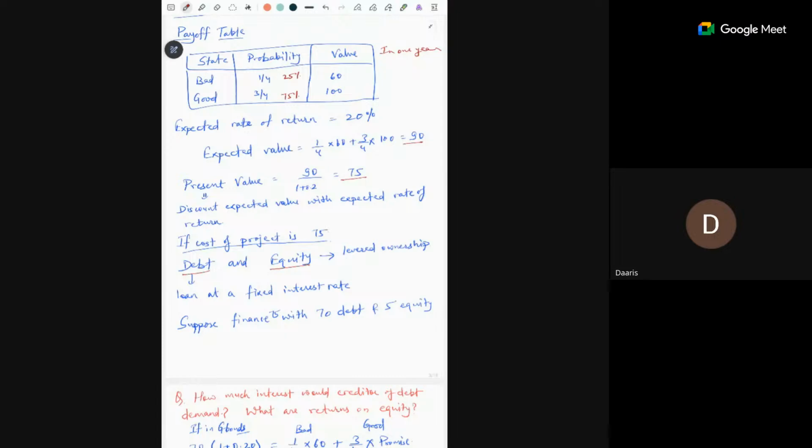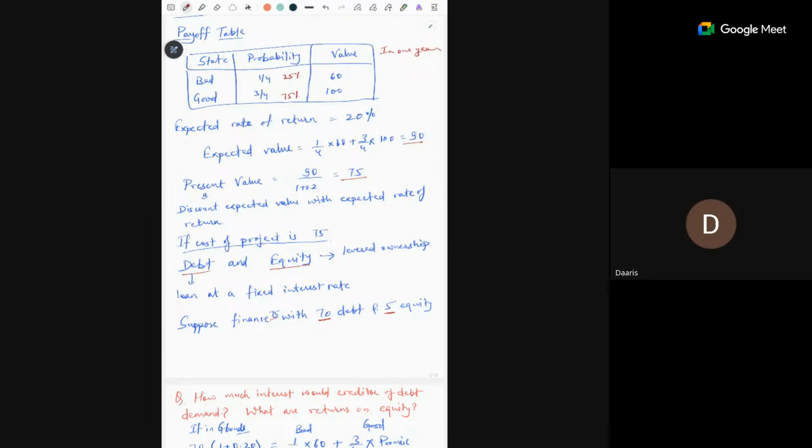This form of financing we see in our day-to-day life also; most companies go for these financing tools. So for example, 75 was the total cost, out of which 70 is financed with debt and 5 units is financed with equity.